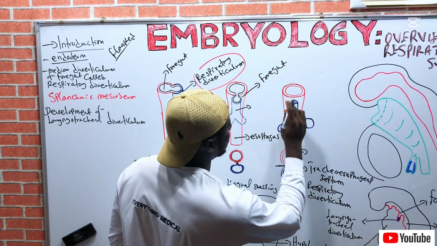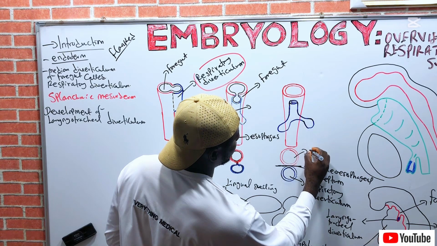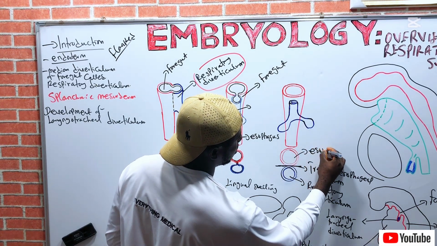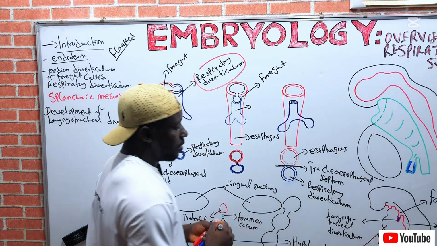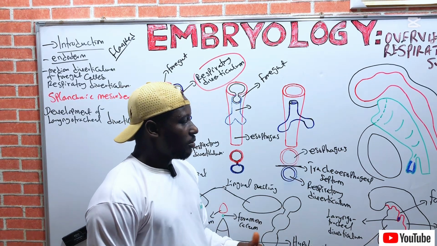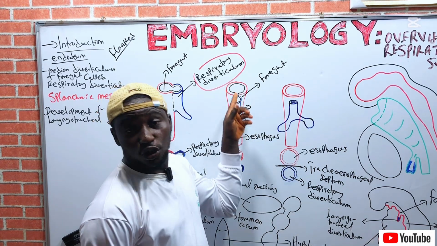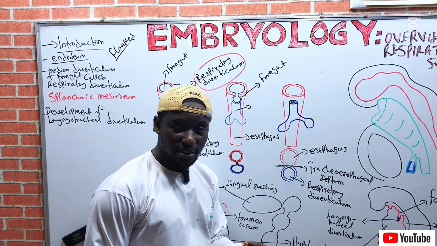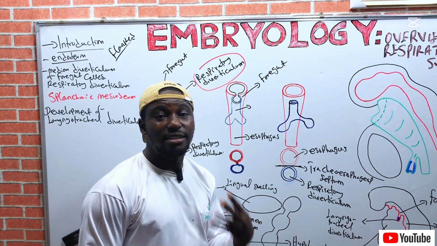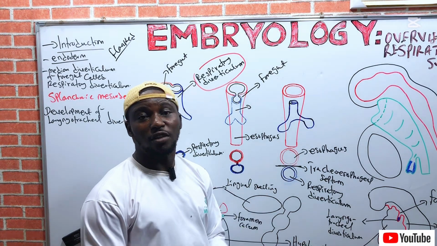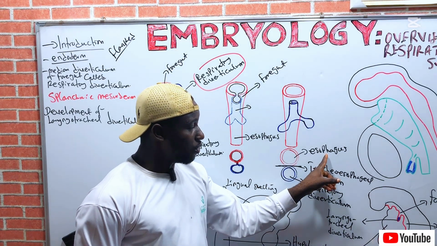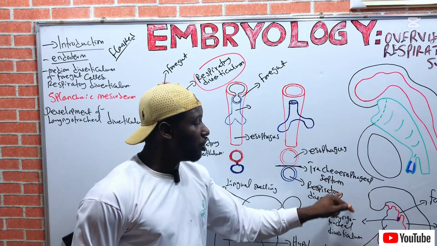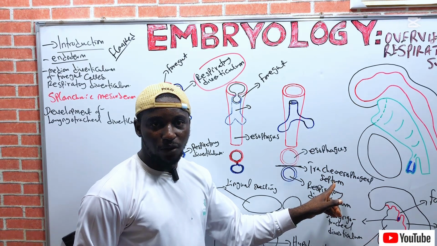This remains our oesophagus. Now, I repeat, the respiratory diverticulum is separated. That is its distal aspect. The distal aspect of the respiratory diverticulum is separated from the oesophagus by the tracheoesophageal septum.